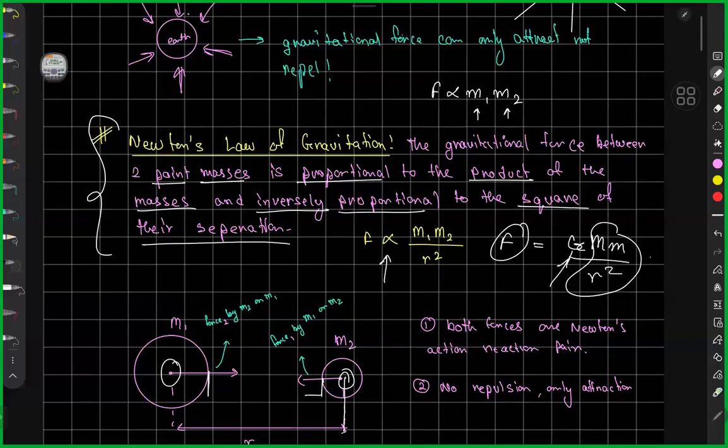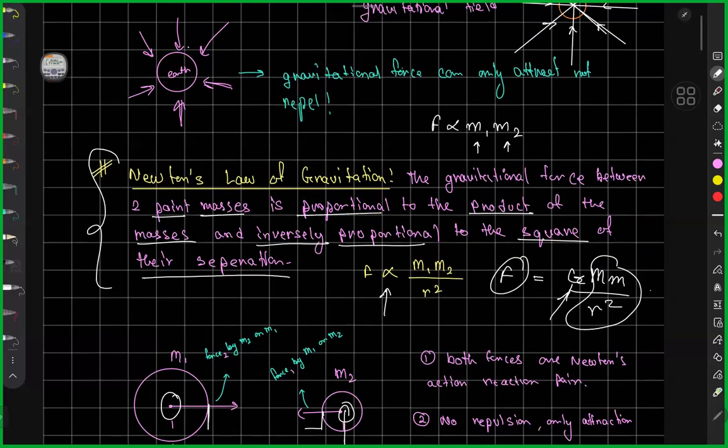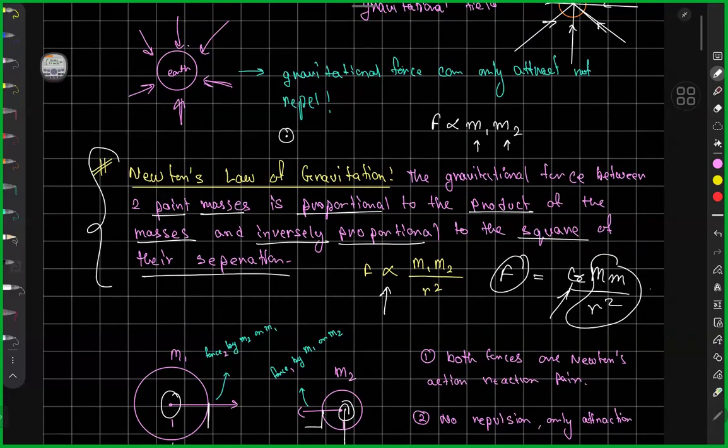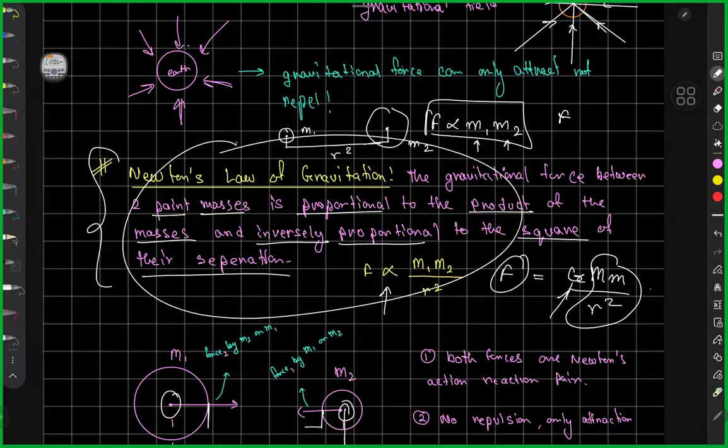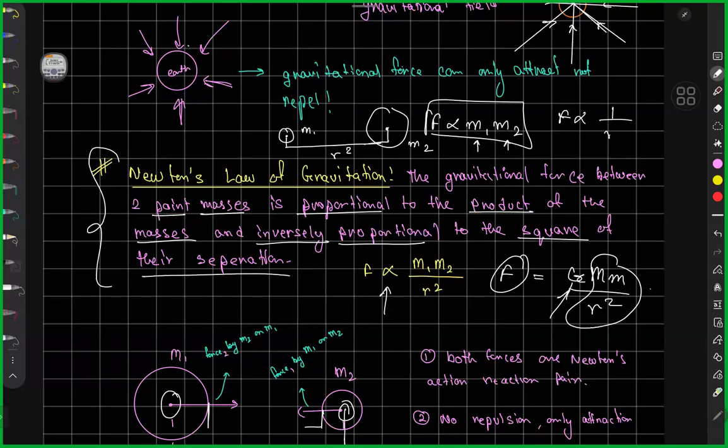What's the other one? It says the force is inversely proportional to the square of their separation. So if my object m1 is standing over here, and my m2 is this far away, then F is inversely proportional to their separation squared, R squared.